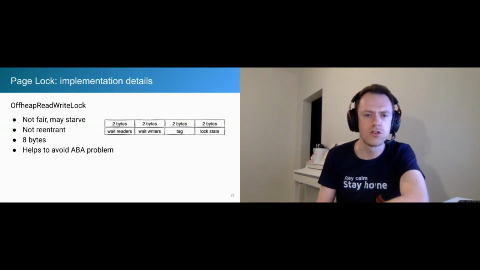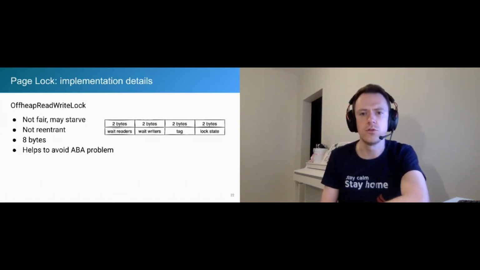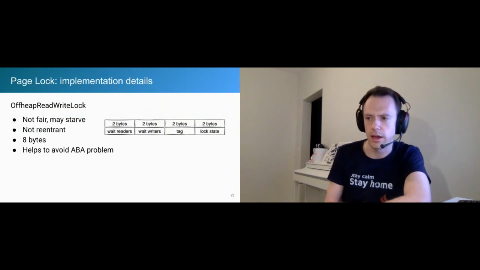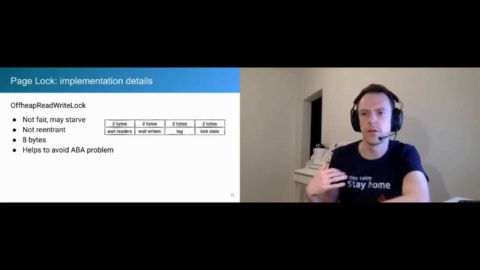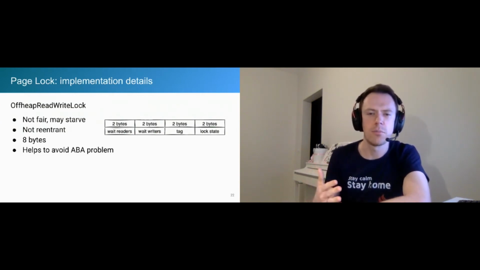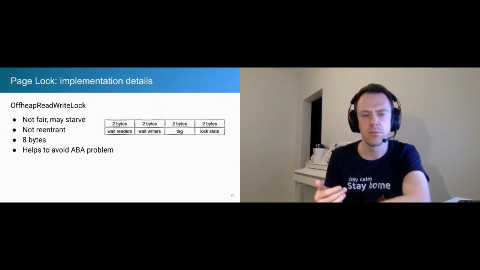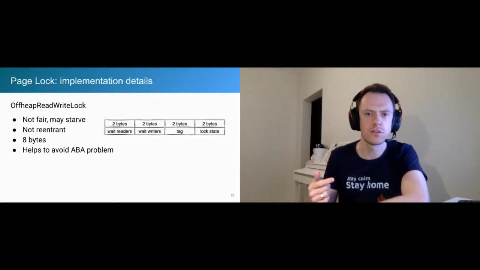The final field, which is called tag, is used by Ignite to help us prevent and detect the ABA problem. The ABA problem is when you want to access a page with a certain page ID, but due to concurrent processes, the page is not of the same type that you expect it to be.